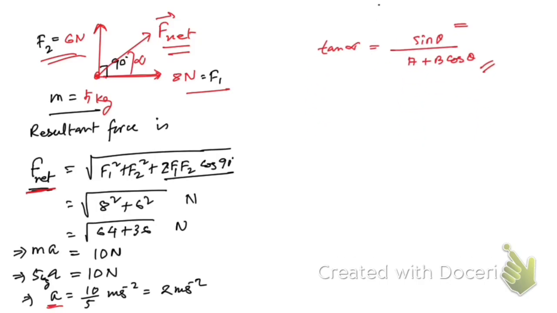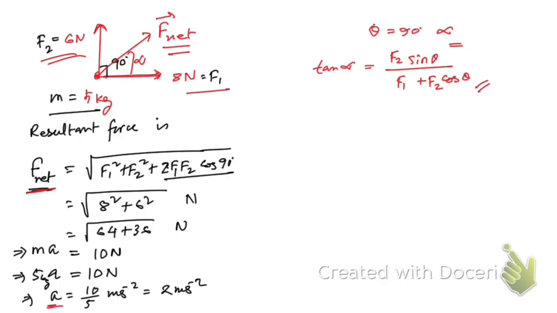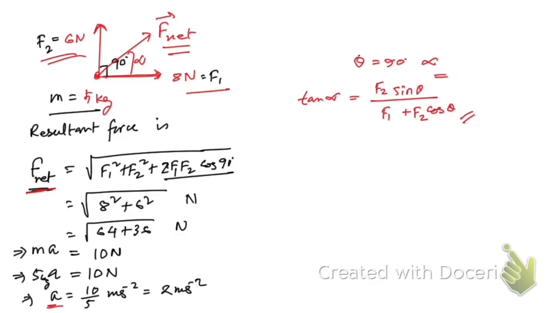Now you see what is the theta here. Theta is 90 degree. Theta is the angle between the two vectors, that means F1 and F2.